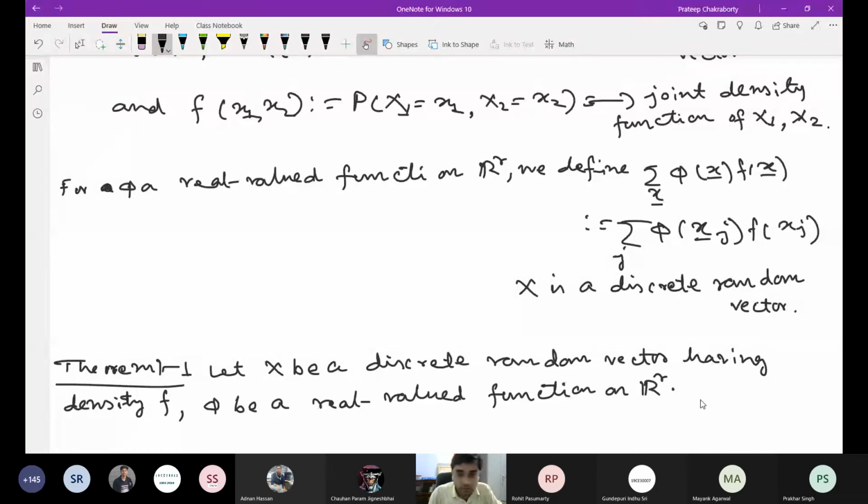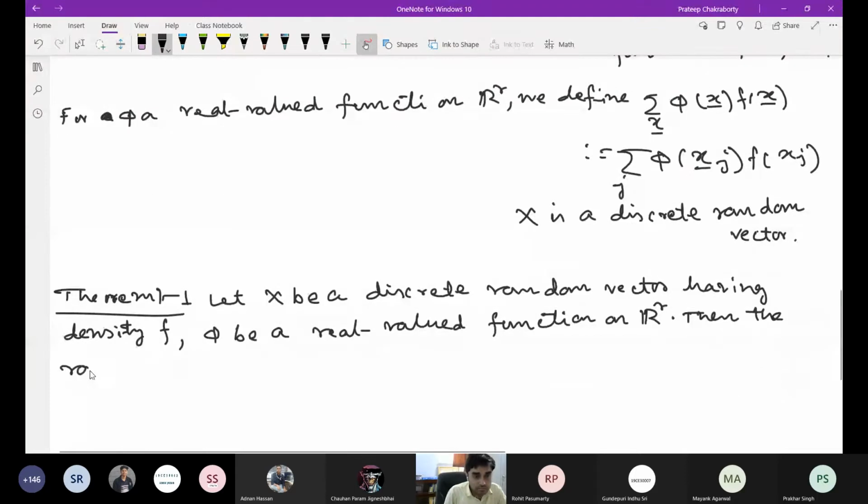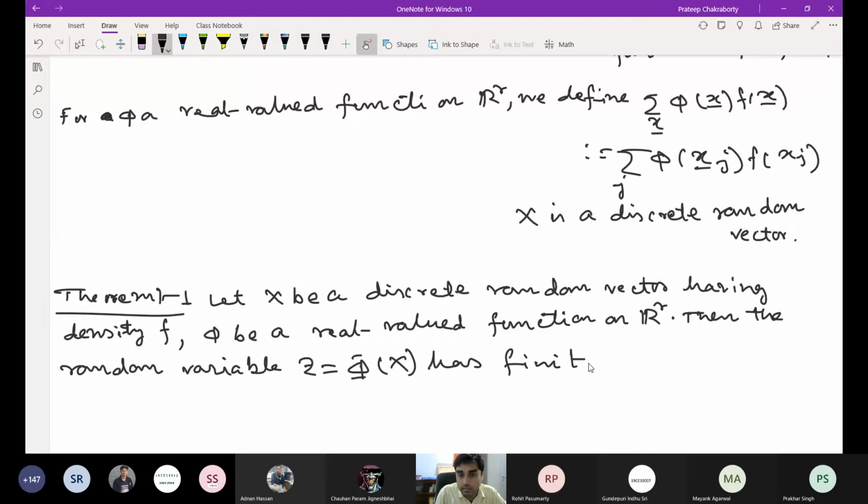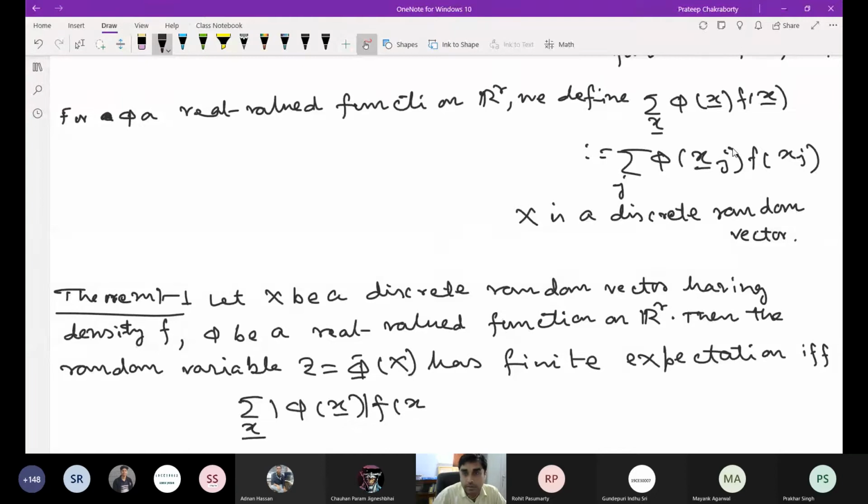Then the random variable Z equal to phi(X), a new discrete random variable, has finite expectation if and only if the summation of mod of phi(x bar) f(x bar), which we defined before, is finite.